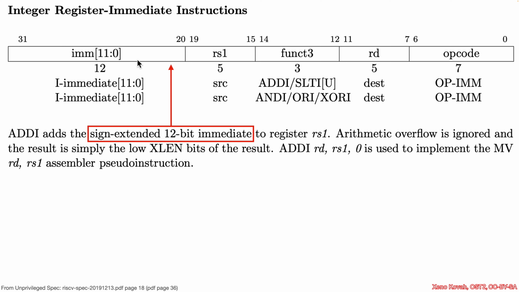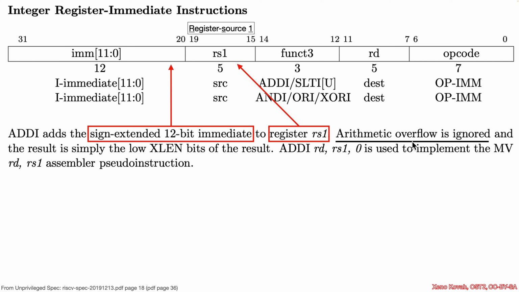And what it's fundamentally giving you is the 32-bit encoding of the ADDI instruction. So bits 20 through 31 of that 32 bits that encode ADDI are going to be the sign-extended 12-bit immediate. Then you can see that that immediate is added to the value that is stored in register rs1. So this is register source 1.